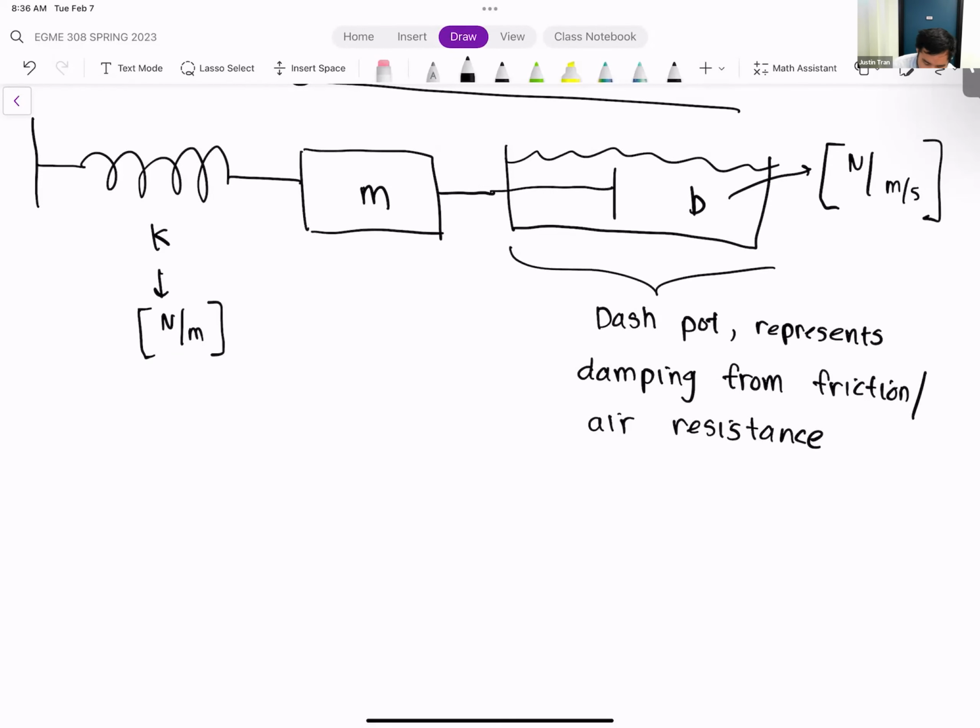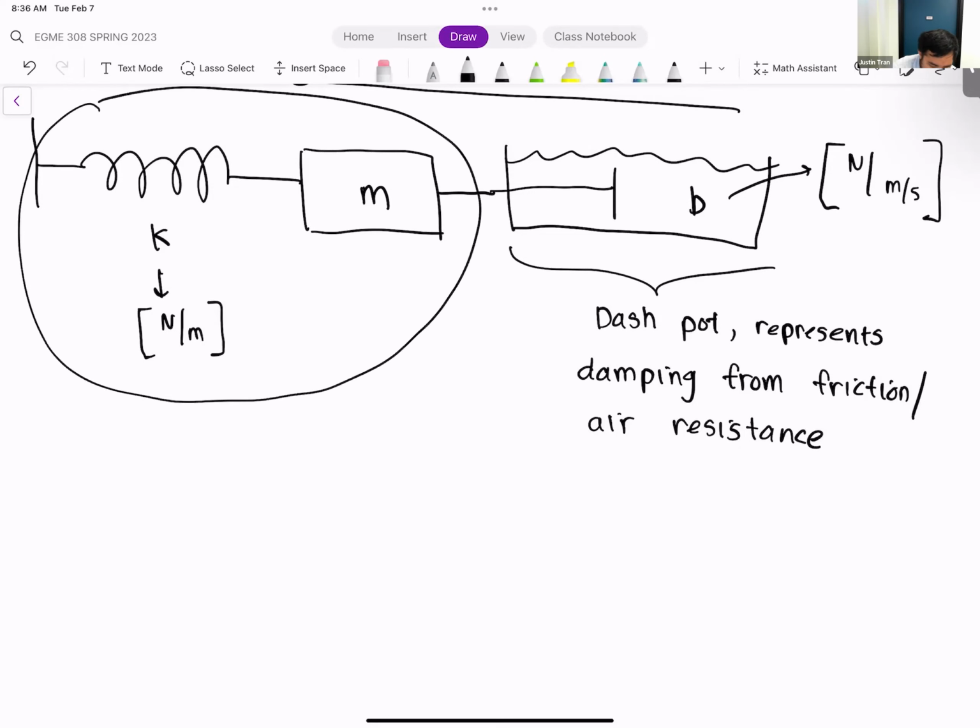And so, just for simplicity's purpose, let's just look at the mass spring. I think that's a little bit easier to start with, and then we'll bring the damper back in later. For the mass spring, according to Hooke's law, if you displace a spring from its equilibrium position, there's going to be a restoring force.